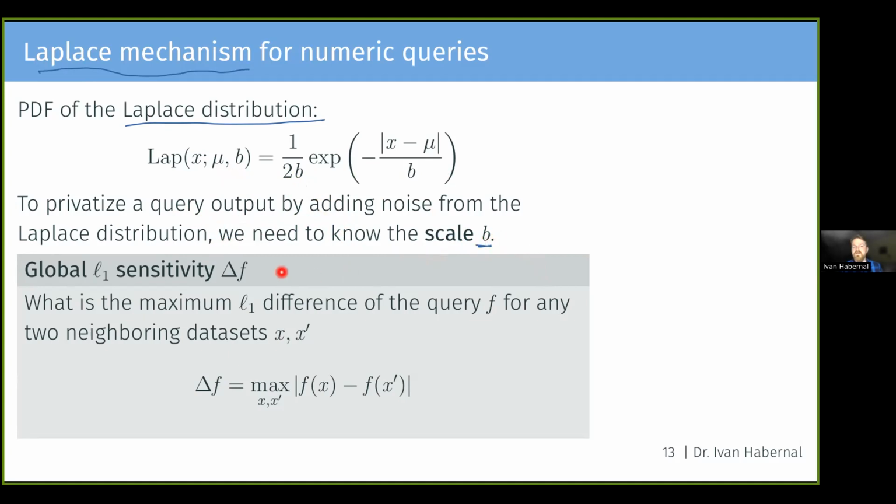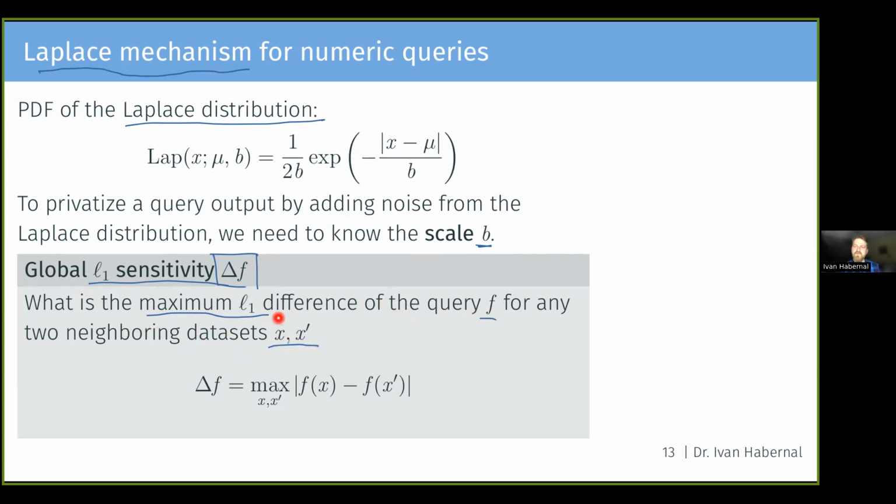So for this, we need to understand the so-called L1 sensitivity, or global L1 sensitivity, which we describe as delta F. L1 sensitivity tells us the maximum absolute value, or L1, or Manhattan distance difference, of the query for any two neighboring data sets, right?